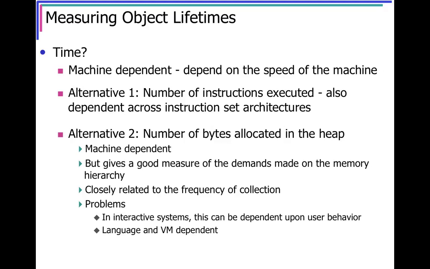So a second alternative, the one that's most commonly used, is to consider the number of bytes allocated so far by a program as time. Since the program is typically going to, for the same set of inputs or the same user interactions, allocate the same number of bytes regardless of what machine it's running on, this could be a good measure of time. It's not an exact measure of time, but it provides a good measure that's more portable across systems.